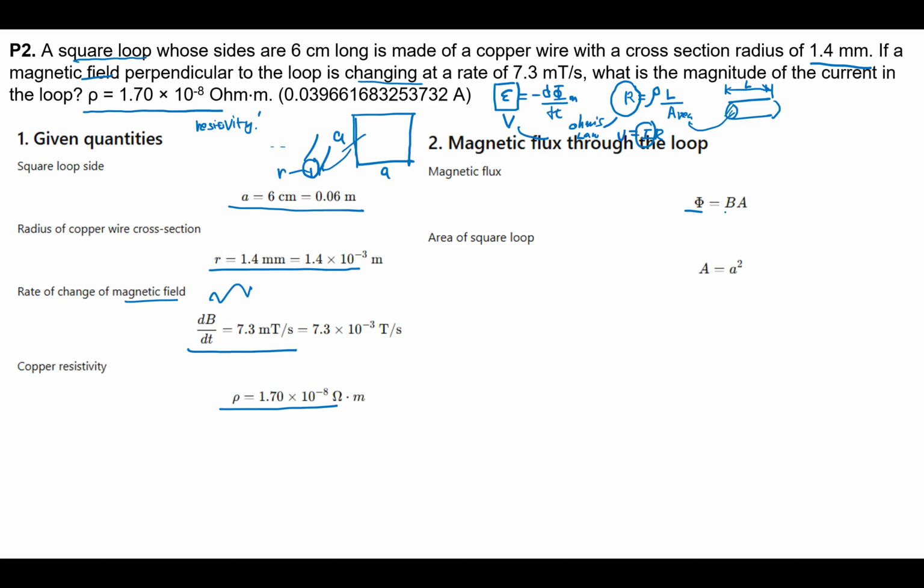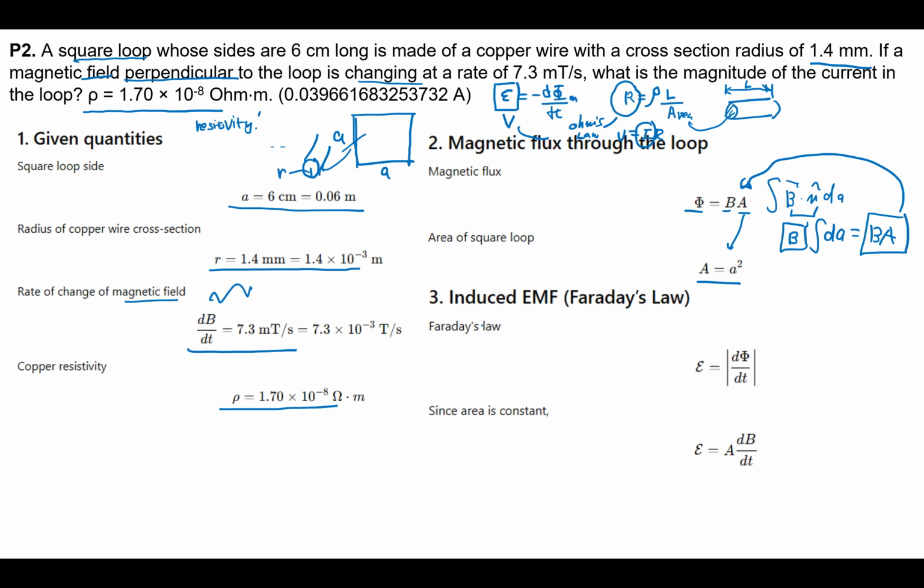Flux is given by magnetic field times A. Note that the magnetic field is perpendicular, so these are always perpendicular to each other, so that you get B, and then you have a dA, then it is B times A. And then we know the area is a square, so that A squared, so that we know this one.